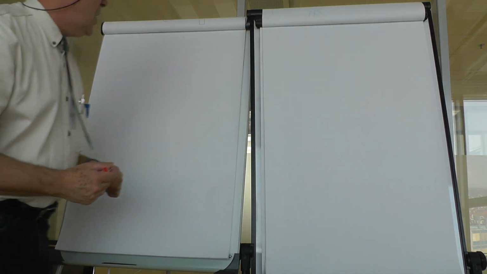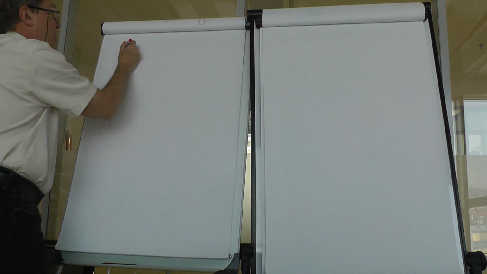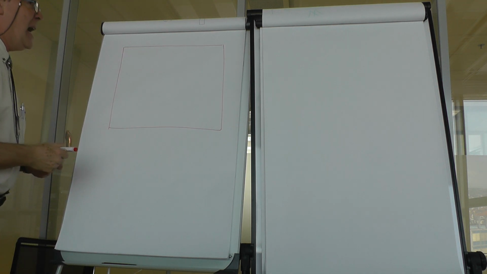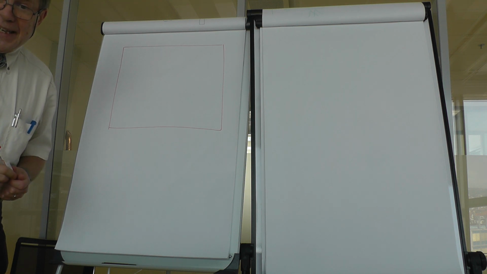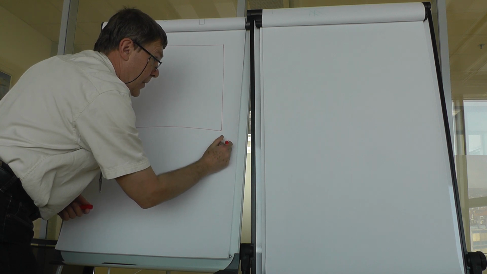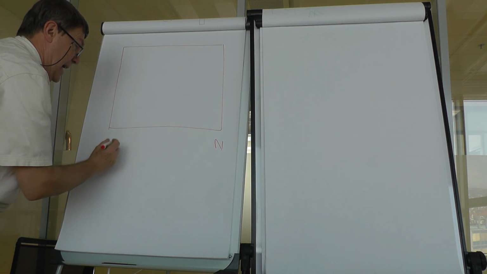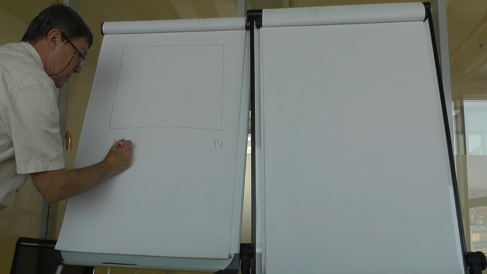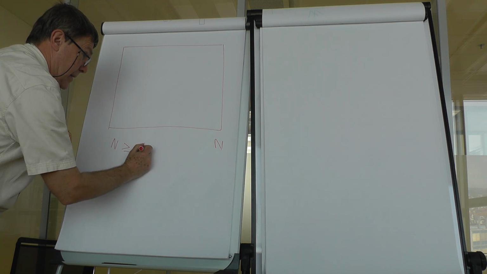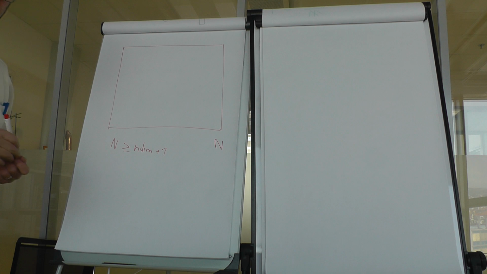For this method, you would start with, let's say, a search space, and you put there, for the beginning, randomly, n points, where n is at least the number of dimensions plus 1.